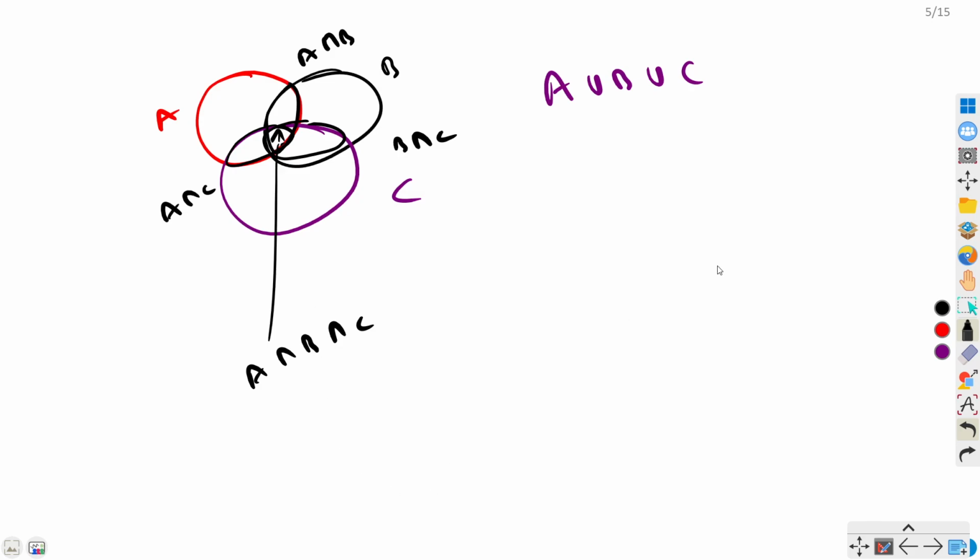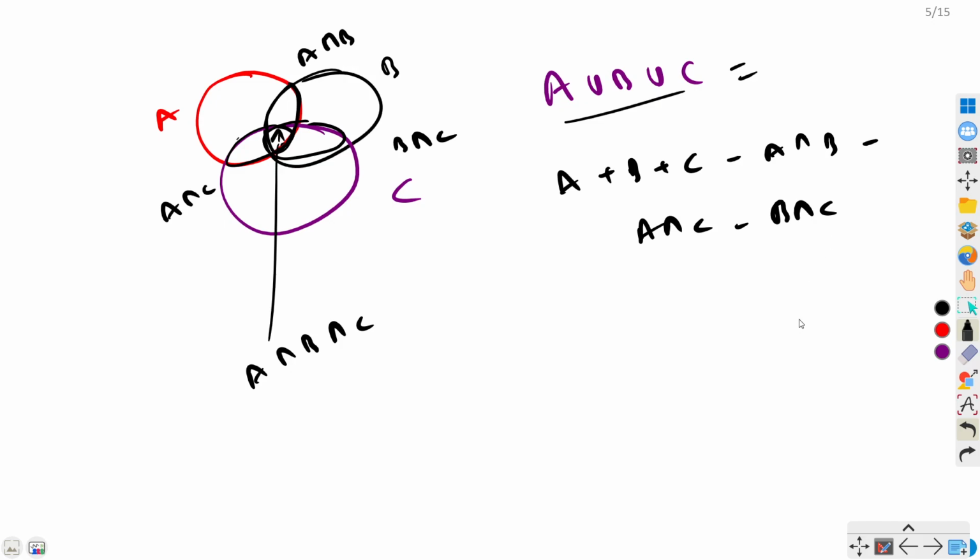Now for A union B union C, let us add them all, so A plus B plus C. Now we will subtract the common areas, so we will subtract these common portions: minus A intersection B, minus A intersection C, minus B intersection C. But while subtracting, what we have done is we have subtracted this portion how many times?